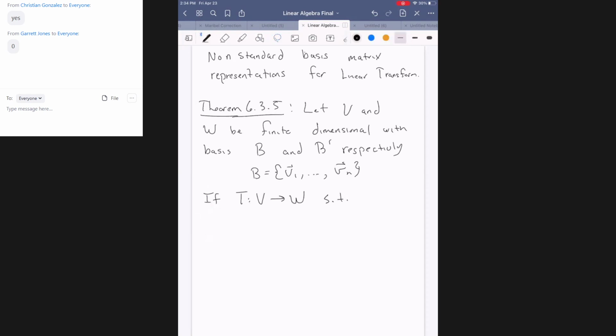So now we have this basis. Now, if you evaluate T at each of these basis elements, remember, that's how we did it in the standard basis. Now, take the coordinate change, or find the coordinates with respect to B prime now.